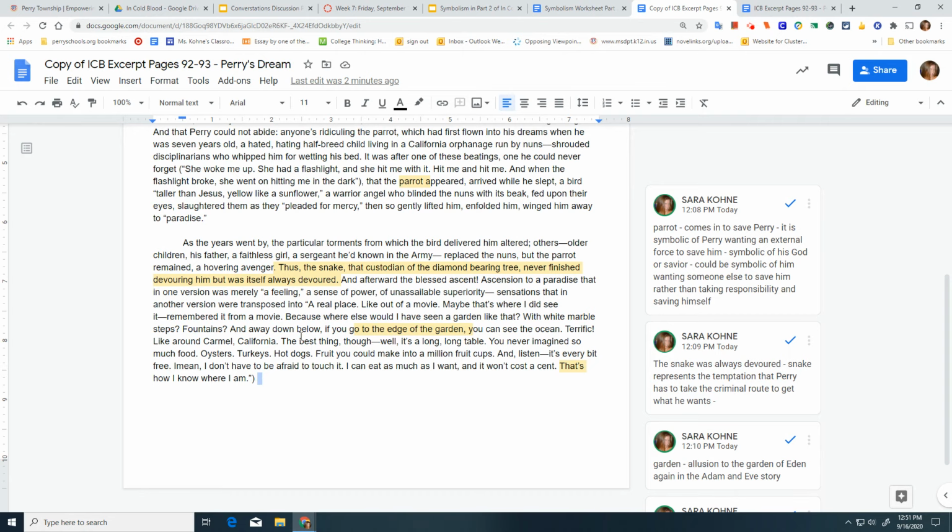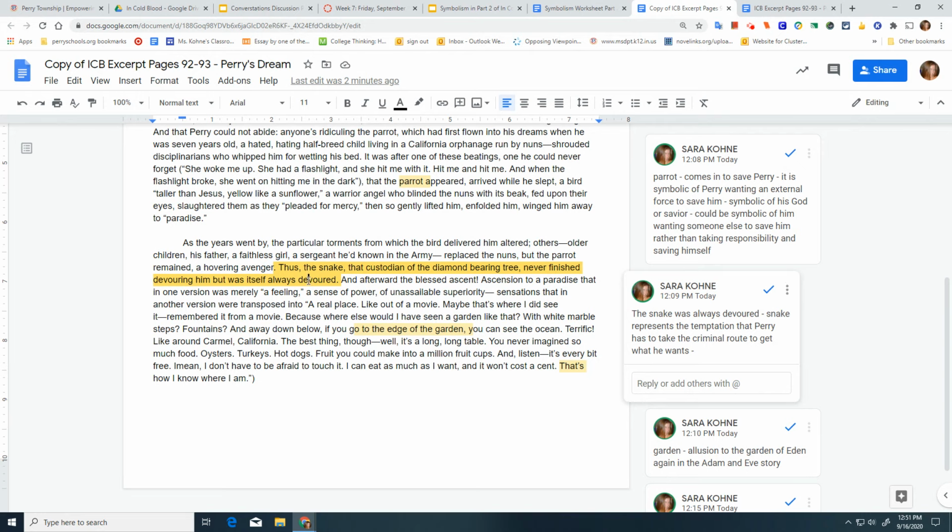Thus, the snake, that custodian of the diamond bearing tree, never finished devouring him, but was itself always devoured. That's an important line. The snake was always devoured. So it's like Perry always devoured the temptation and took the criminal route to get what he wants, the diamonds.